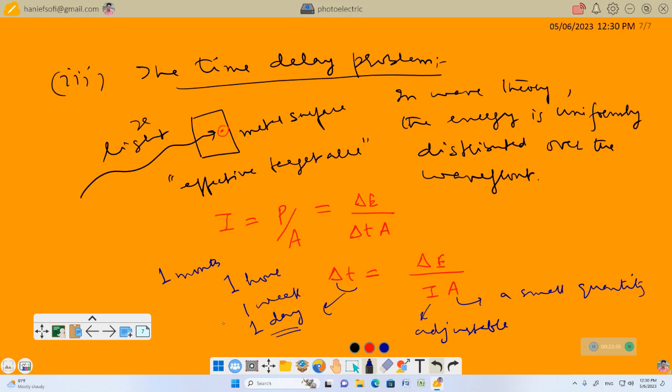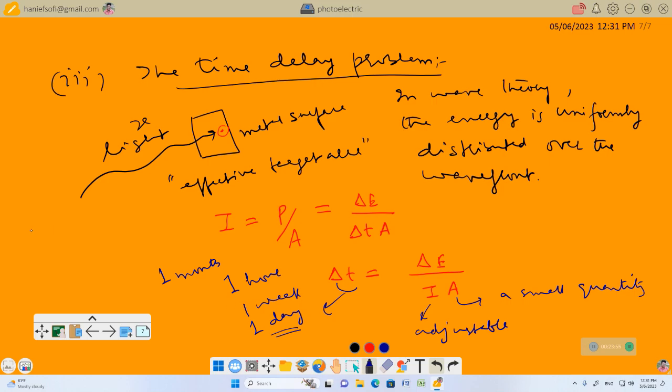Similarly, if you make it 1 week, you shine the light on the metal surface, after 1 week, electron should come out. So you can make the time delay happen of your choice between the impinging of the light on the metal surface and the ejection of the electrons.